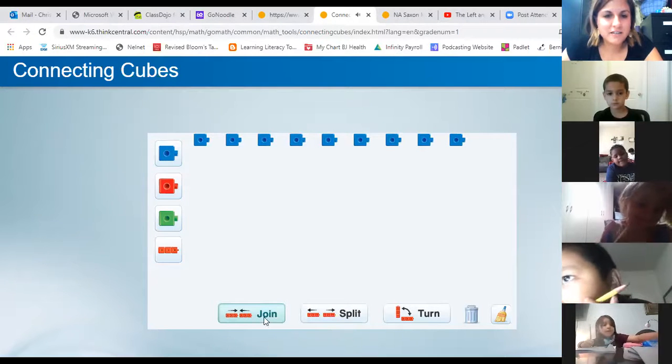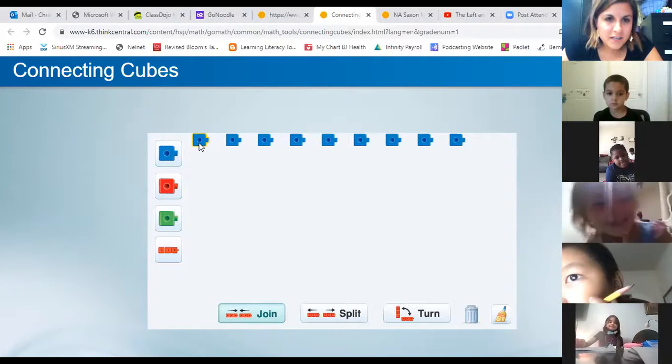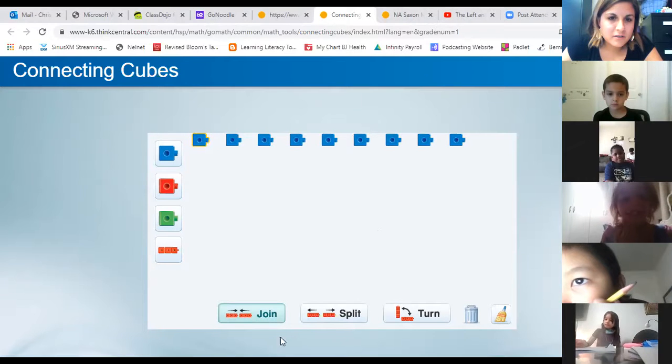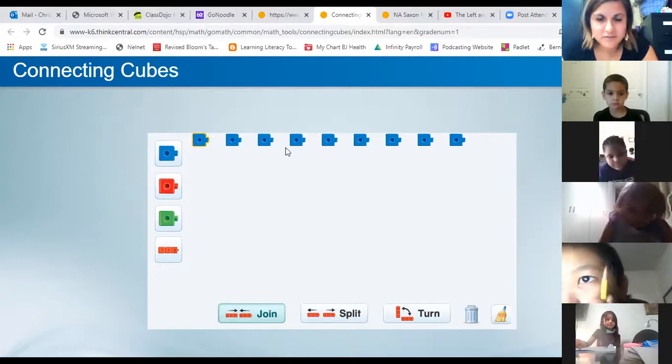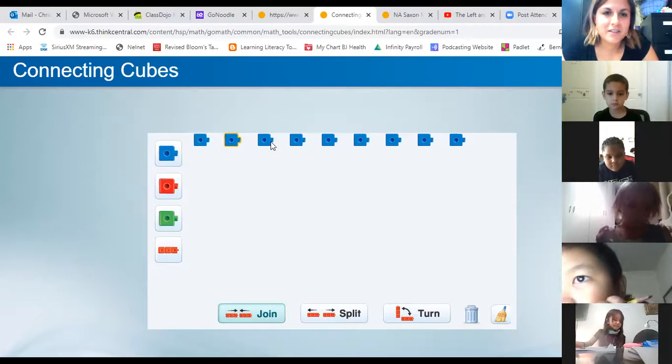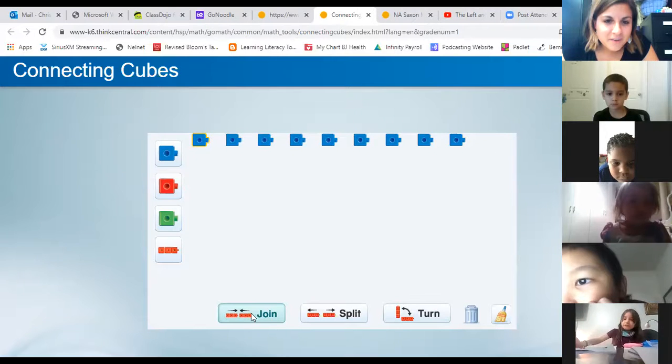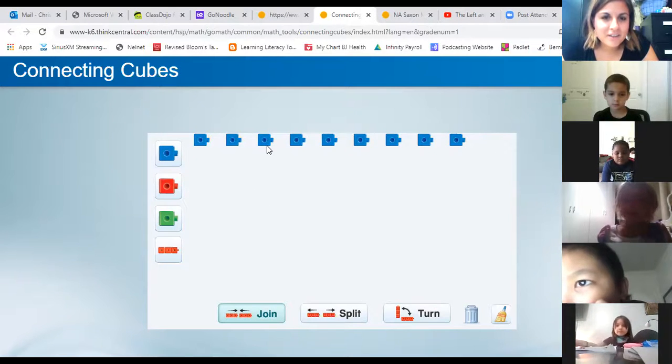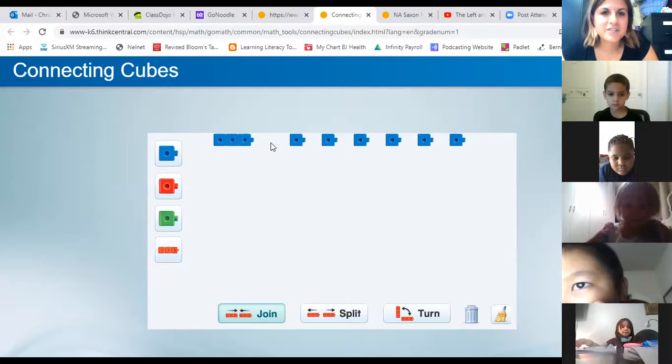You know what's really cool is that I can make the cubes go together. Oh, there we go. See, I can join them together. Isn't that pretty neat?